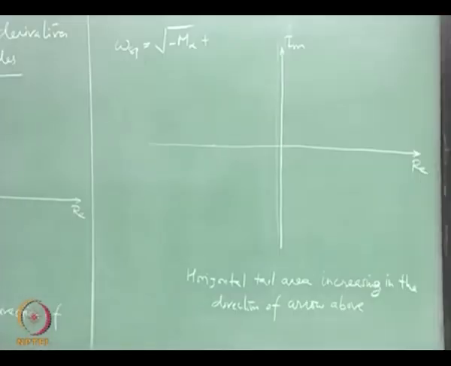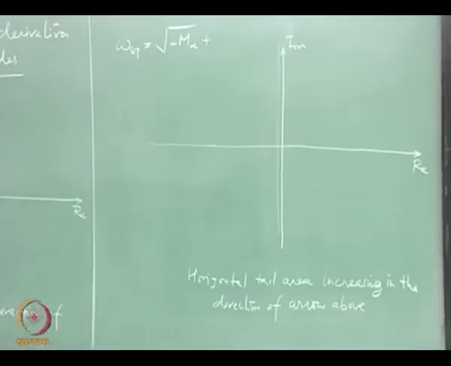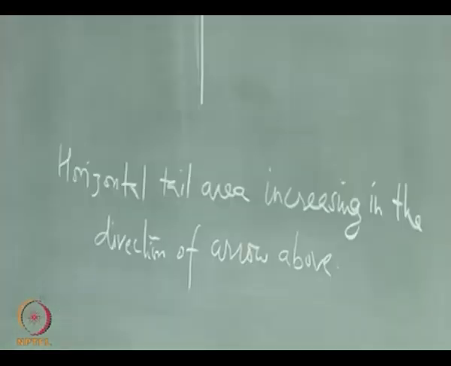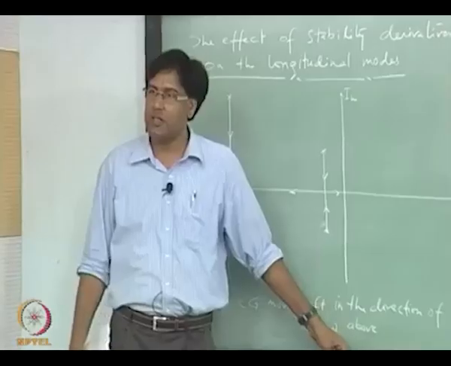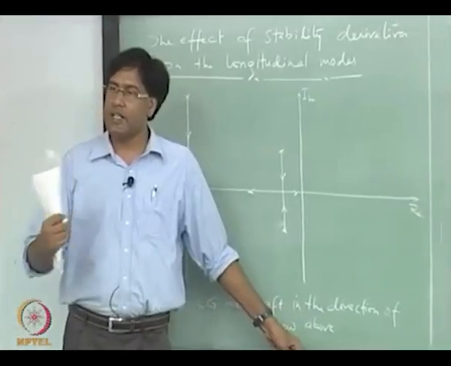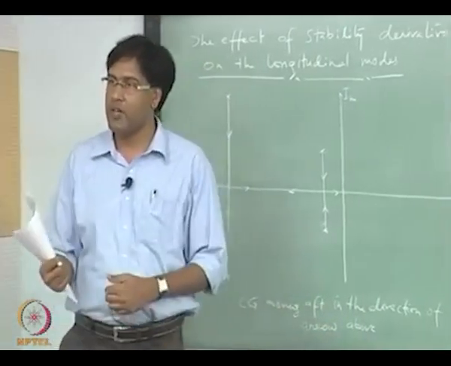Remember, there are things which you can change, right, and there are things which you cannot. So, two of the things are still in the hands of the designer. Wing sizing will depend upon the performance requirements, right. Tail sizing is usually depending upon the stability requirements.